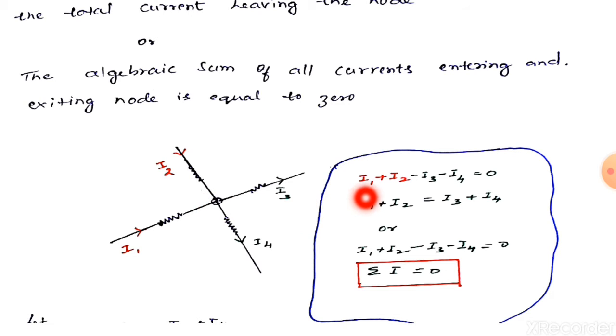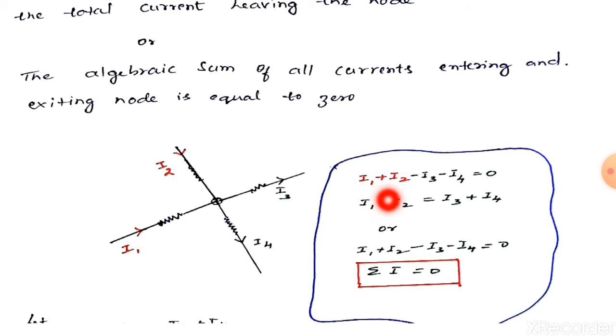So I1 plus I2, the currents entering the node, minus I3 minus I4. So I1 positive, I2 positive, I3 negative, I4 negative.